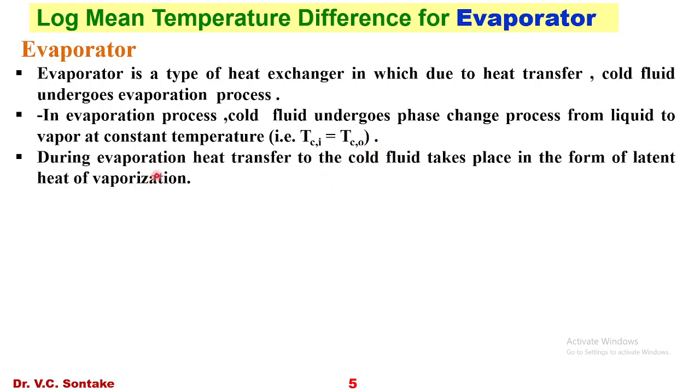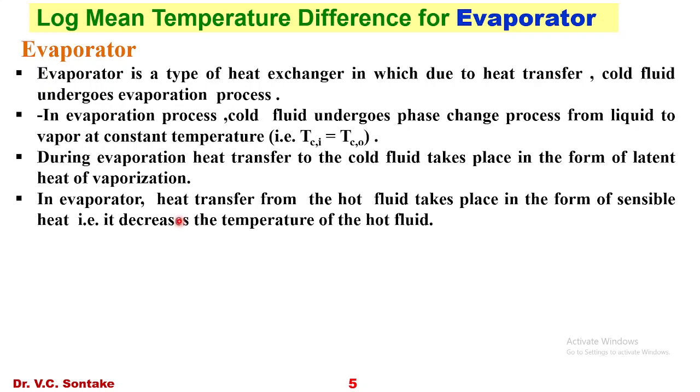During evaporation, heat transfer to the cold fluid takes place in the form of latent heat of vaporization. To convert liquid into vapor, we need to supply heat to the cold fluid, and that heat will be in the form of latent heat of vaporization.